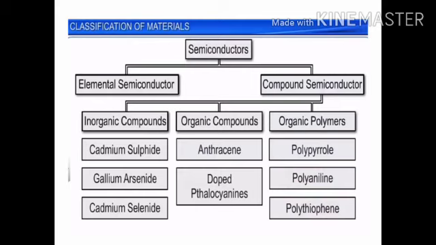Elemental semiconductor means purely silicon or germanium, but inorganic ones are mixtures, that is cadmium and sulfide, gallium and arsenide. Organic compounds are anthracene and doped phthalocyanines, some examples of organic compounds. And organic polymers are polypyrrole, polyaniline and polythiophene.